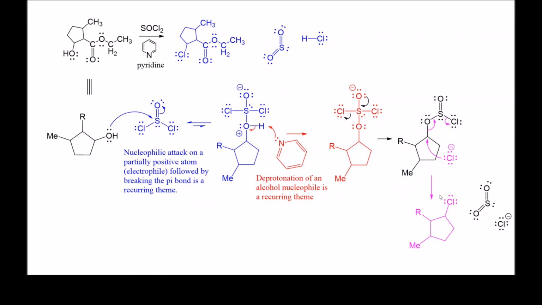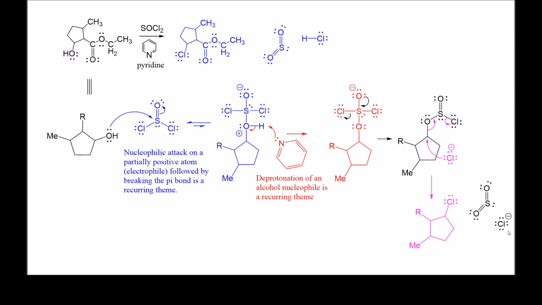This is an example of Le Chatelier's principle. If you drive off one of your products and remove it from equilibrium, then your reaction will always be trying to fill that gap, and so it never achieves an equilibrium. Producing a gas product is actually a really useful way of pushing the equilibrium all the way over to the side of the products and getting as close to a 100% yield as you can usually get in an organic chemistry reaction.